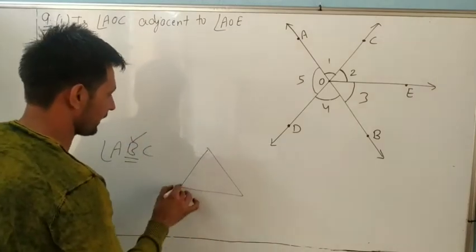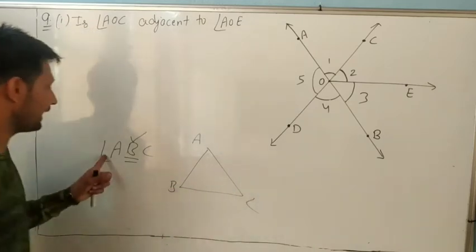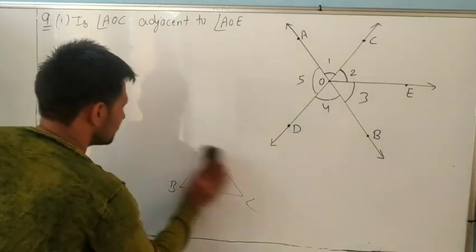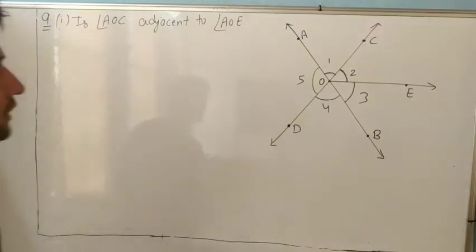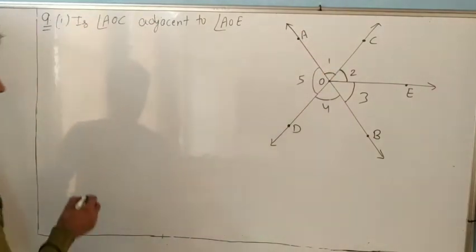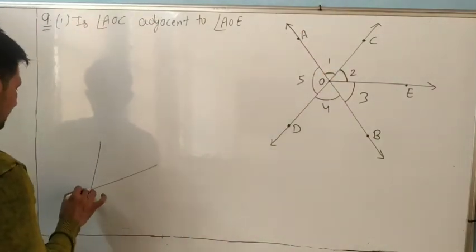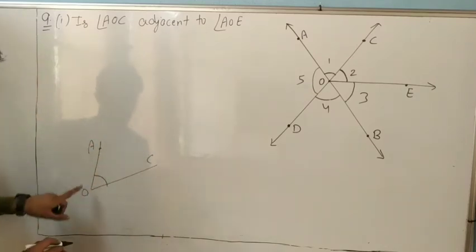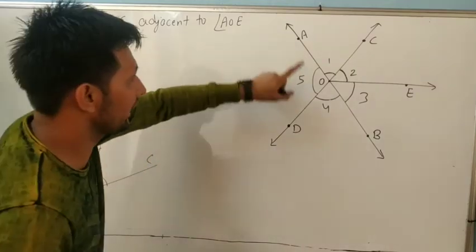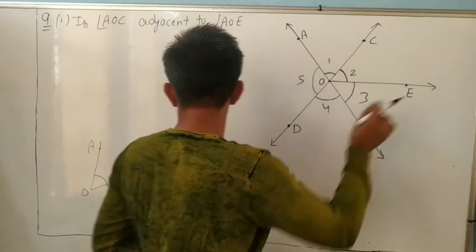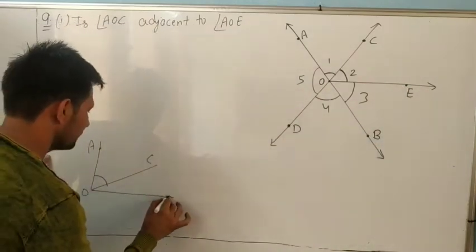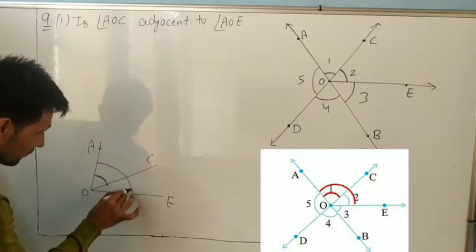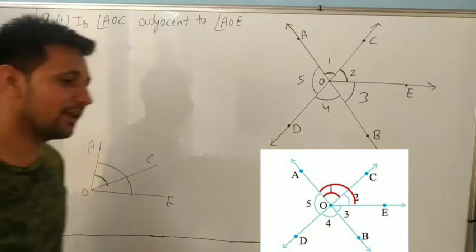Suppose it is a triangle ABC and I write angle ABC, it means the angle at B in the middle. Look here: angle AOC, it is O in the middle, A and C. And AOE, it is E. One is this angle and second is this one.